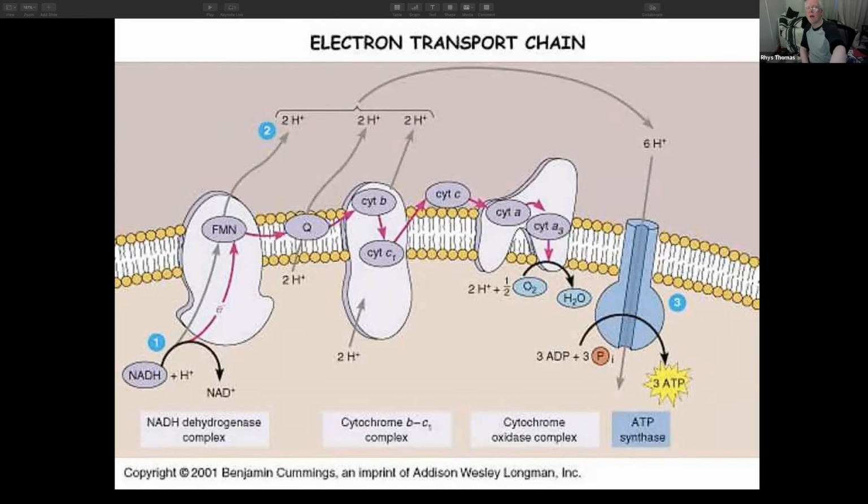If you haven't got that oxygen, it backs up the whole process and slows it down. They talk about this whole process being coupled, so you can't produce ATP with this mechanism unless you're getting oxygen to it.